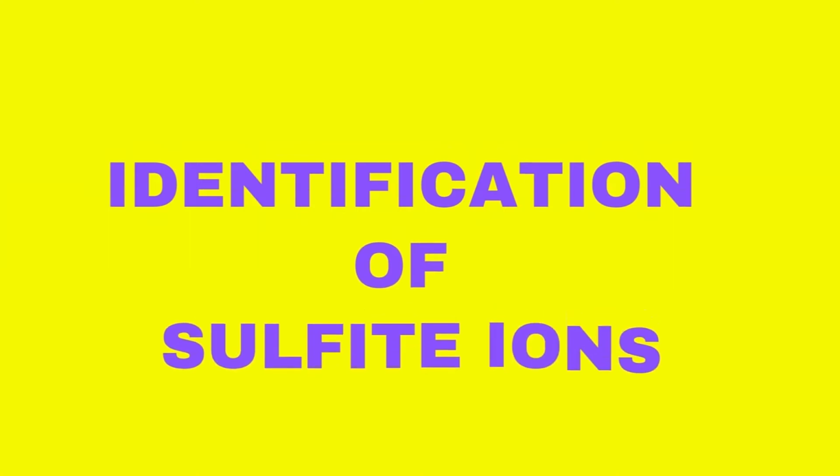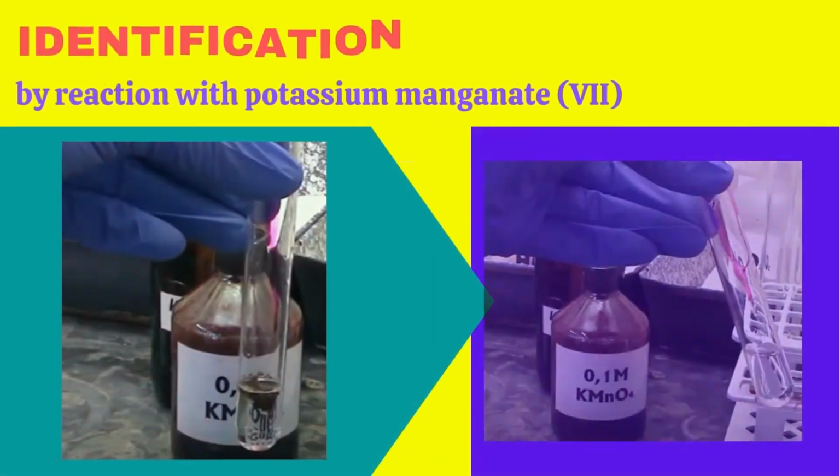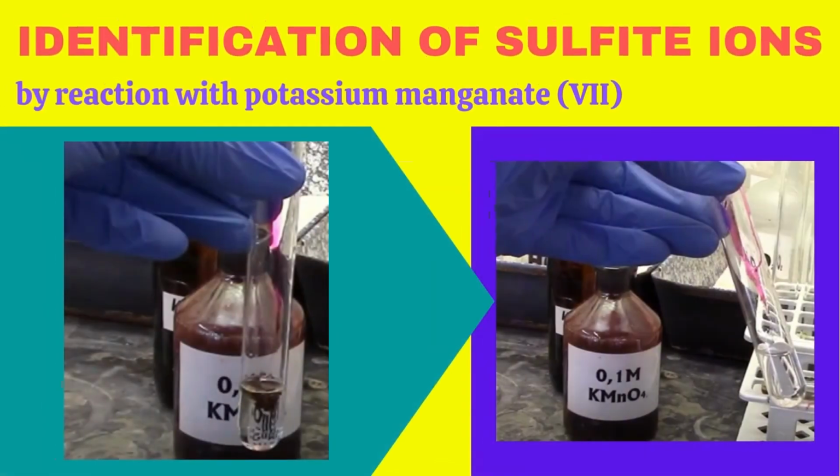Now, we will discuss identification of sulfite ions. Sulfite ions can be identified with 2 reagents. One is potassium manganate(VII), while the other is potassium dichromate(VI). First, we will discuss identification of sulfite ions with potassium manganate(VII).